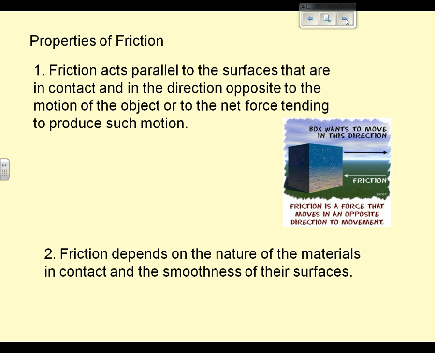Is it a rubber tire on a wet road, on a dry road, on asphalt, on concrete, on an icy road, on glass, on steel? There have to be two surfaces for there to be this frictional number. So it depends on the nature, how smooth they are, how soft they are, and the smoothness of their surfaces. There's more friction between winter tires in the cold than there is with normal all-season tires because of the rubber compounds.